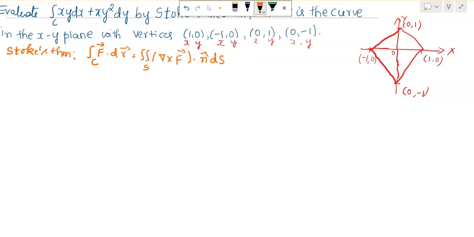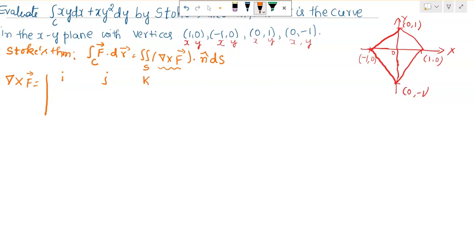First, we have to evaluate nabla cross F vector. That means the curl. The first row elements are the unit vectors i, j, and k.